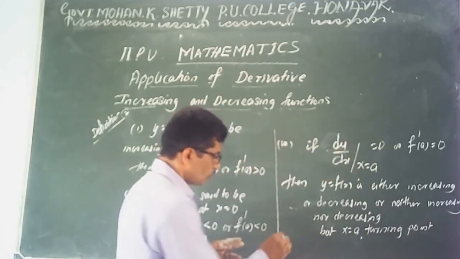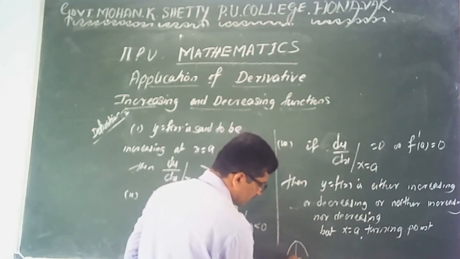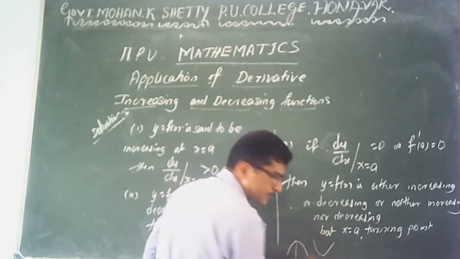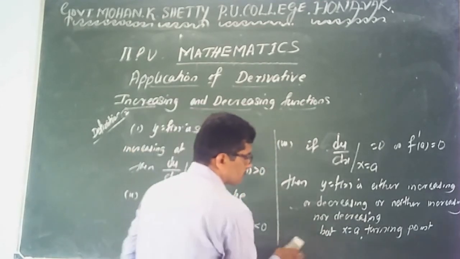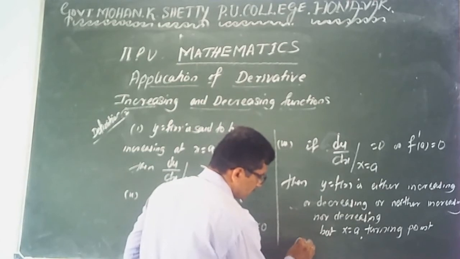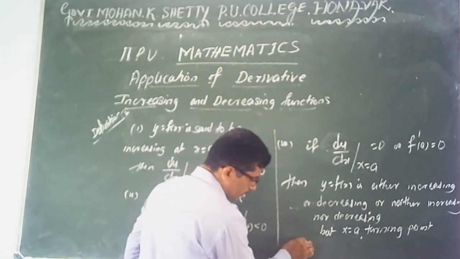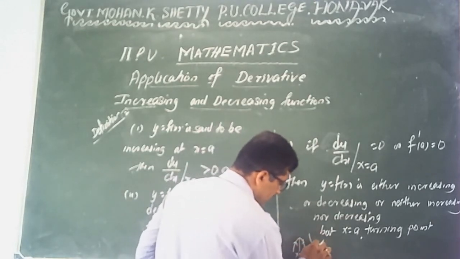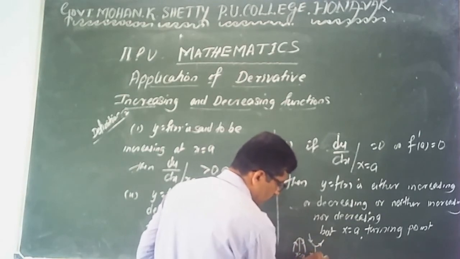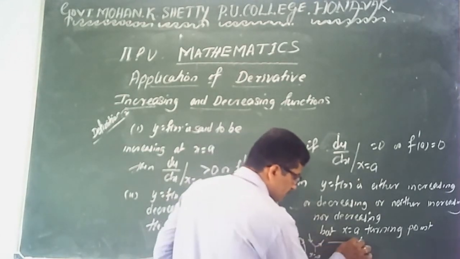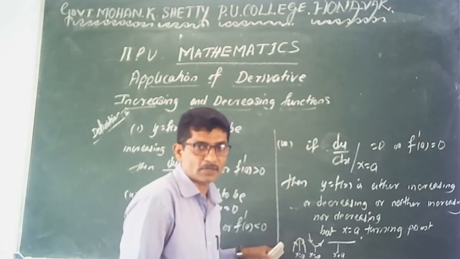It means this point turns from increase to decrease at the point x is equal to a, or this point turns from decrease to increase. Either it turns at the point x equal to a from increase to decrease, or from decrease to increase, or this value is constant at x equal to a, neither increasing nor decreasing points.